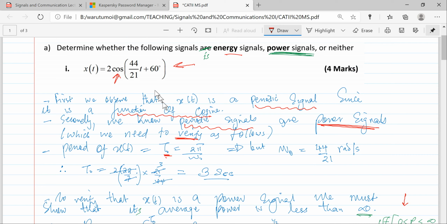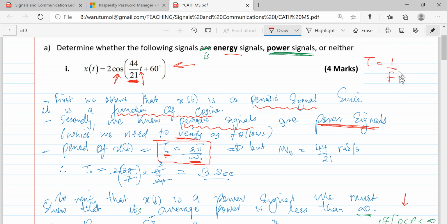And how we do that is we know that the coefficient of time in this periodic signal is the angular frequency omega naught. If we know the angular frequency, we can always evaluate the period. We know that the period is the reciprocal of the frequency.